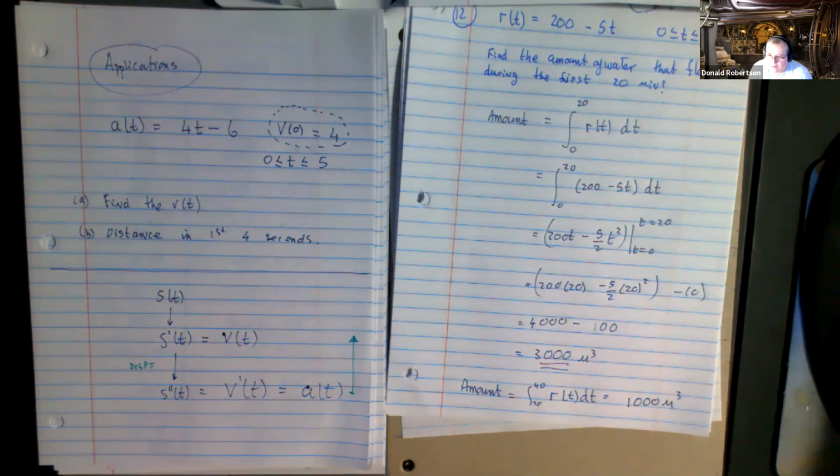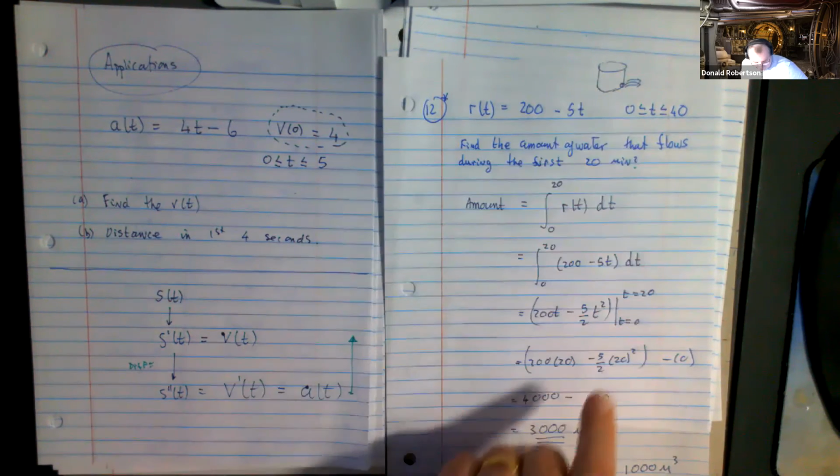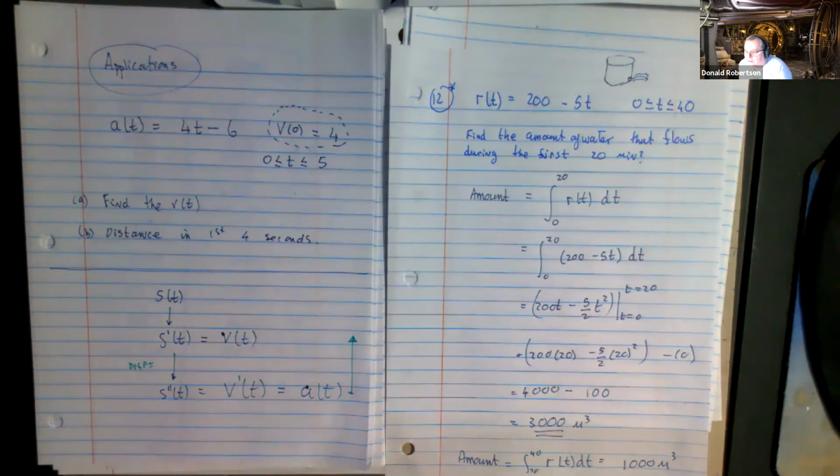Right? The first 20 minutes, 3,000 cubic meters of water. In the last 20 minutes, only 1,000 cubic meters of water. What on earth is happening up here that is causing this discrepancy?